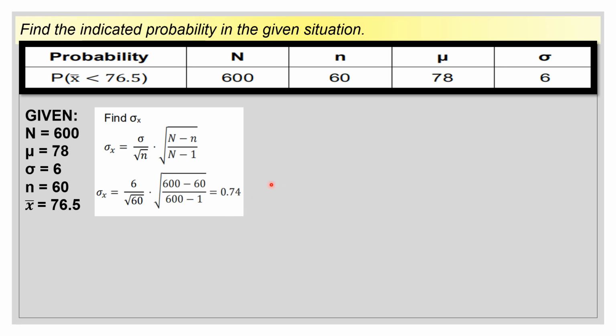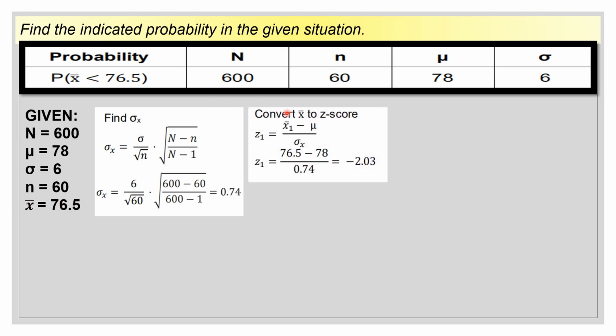Next is we get the z-score, but we don't have the z-score here. Do you know what to do? How to get the z-score? Of course, we convert x bar to z-score. So, parang converting raw score to z-score lang siya. But then again, iba yung formula natin. Why? Kasi, yung given natin is x bar.